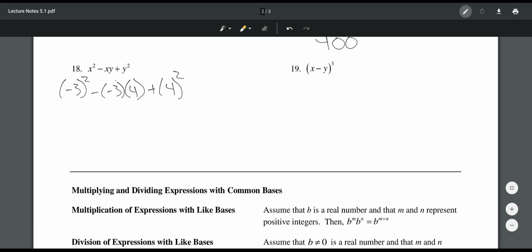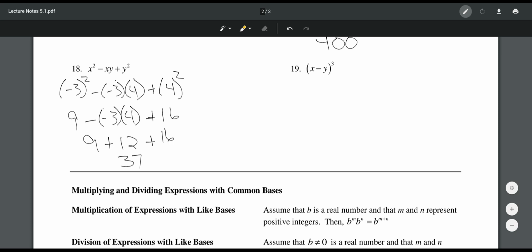So according to order of operations, we do exponents first. So that would be +9 minus -3 times 4 plus 16. Then I'm going to do all the multiplications. So I get 9 plus 12 plus 16. And when you add straight across, you get a grand total of 37.